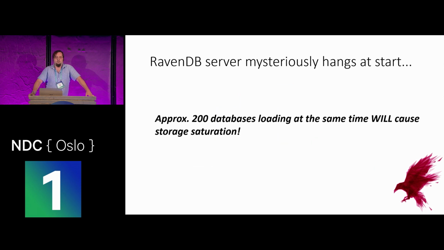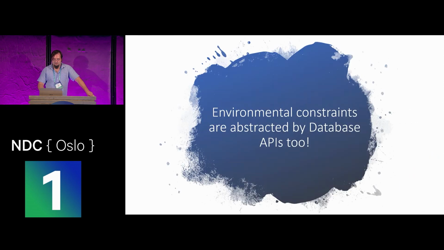The client had a bit more than 200 databases on the same storage, which usually works fine because they were accessed constantly, but for very short periods of time. But during load up, all of them started loading at the same time. So you can imagine how the storage was straining.